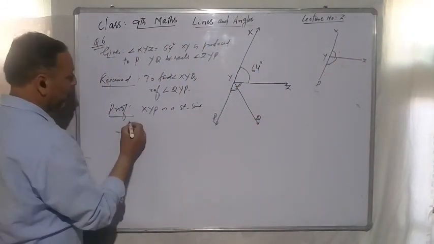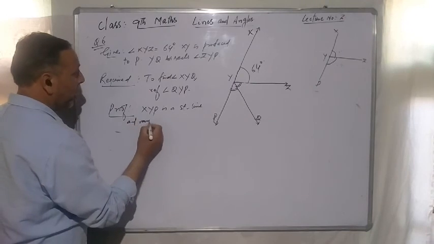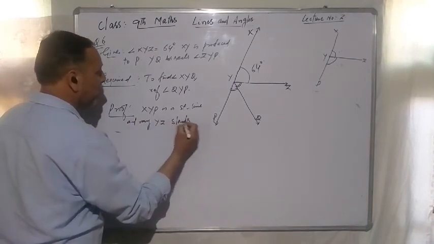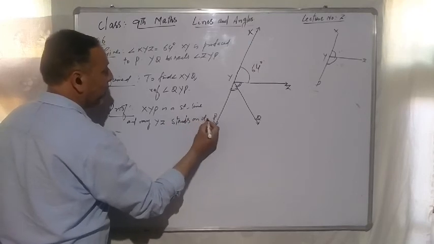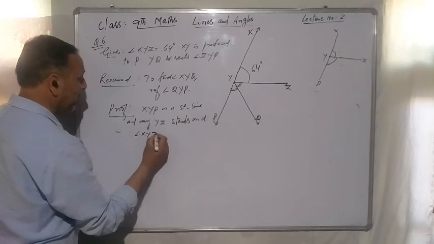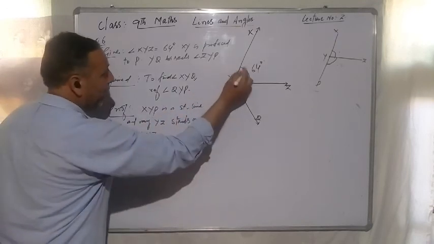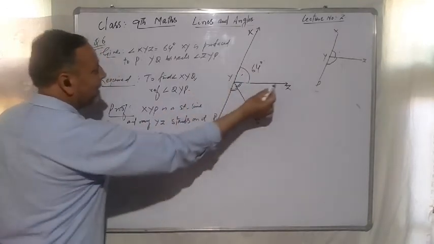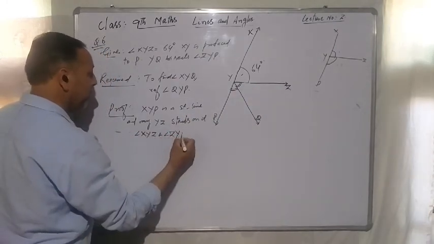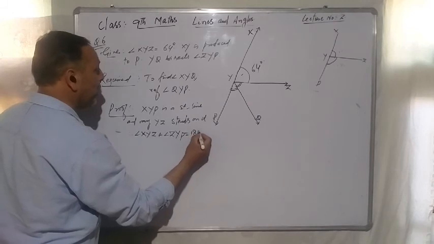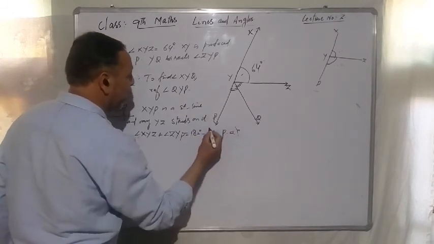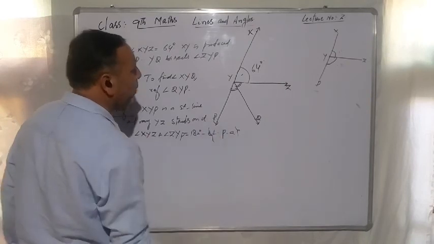Therefore, angle XYZ plus angle ZYP is equal to 180 degree. These are linear pair of angles, LPA, linear pair of angles.